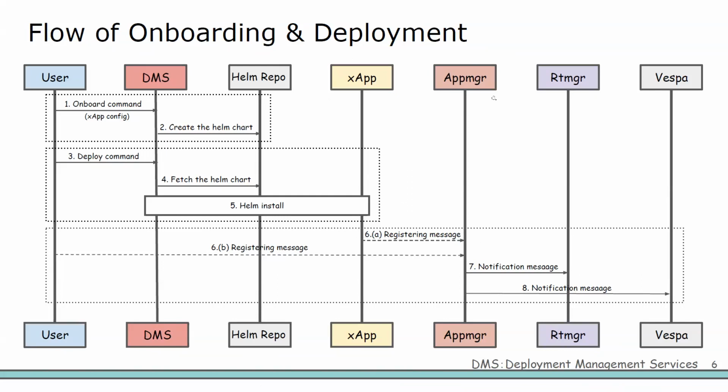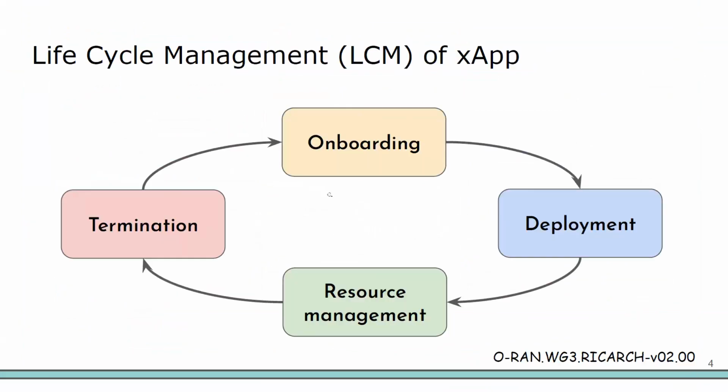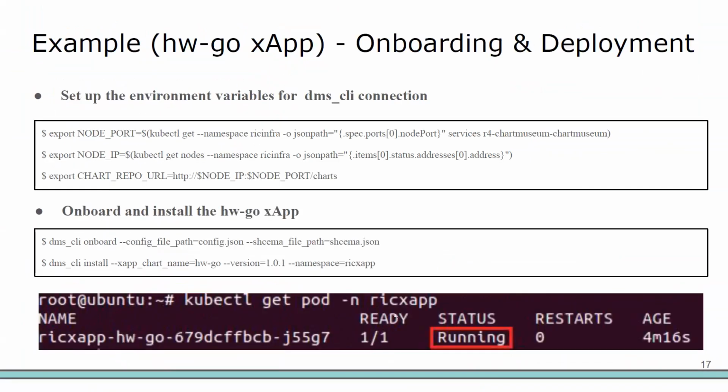So the xApp manager receives it and notifies the routing manager and the VSPA. Okay, so it creates the routing path, and the xApp manager will manage the xApp. You can see the xApp is in running status. So this is the deployment of the xApp and the onboarding.